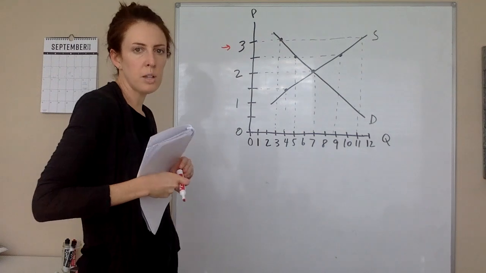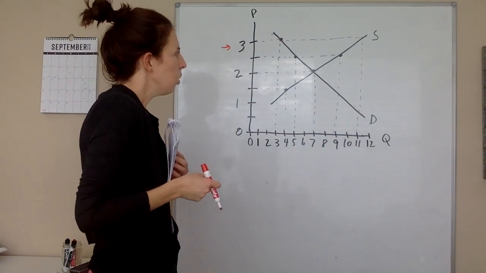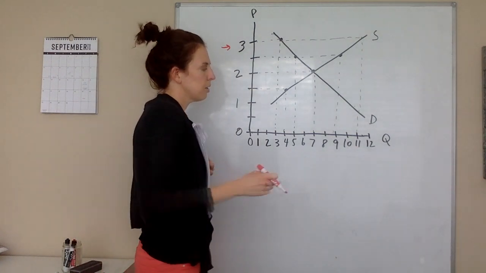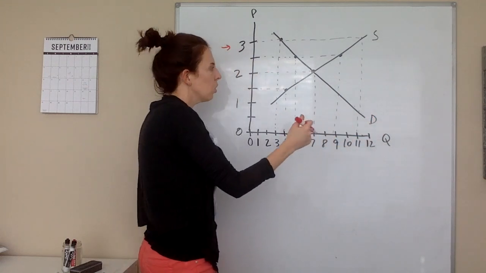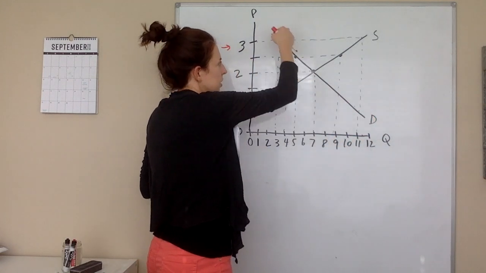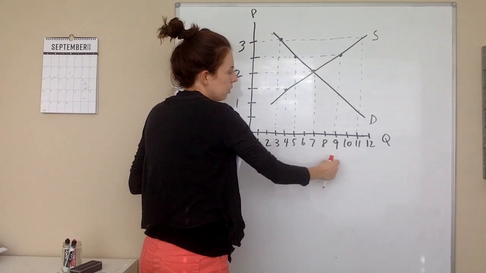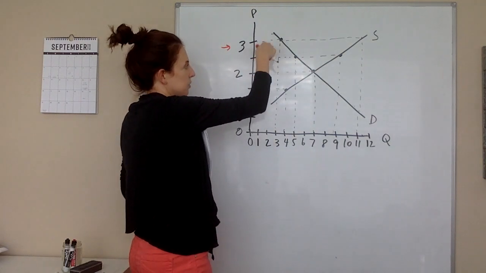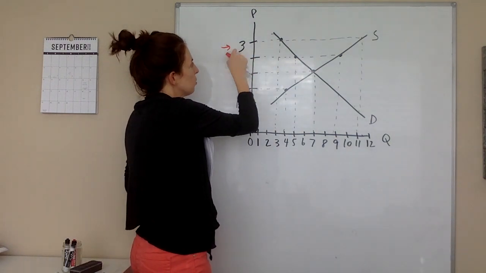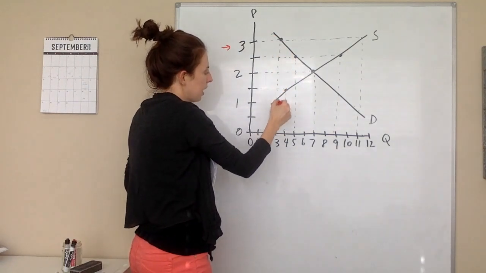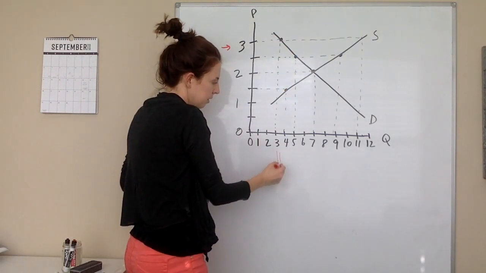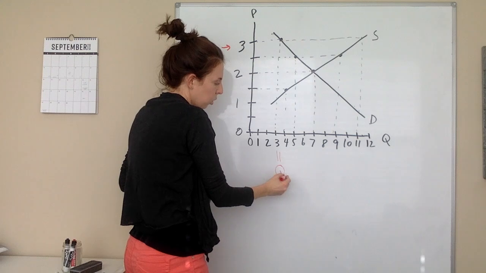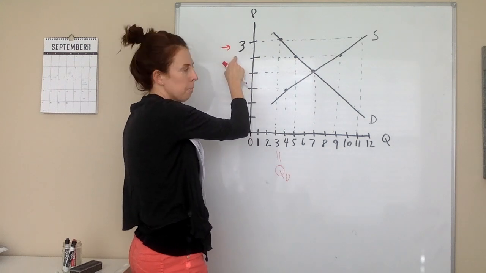What would happen if the price was $3? First, let's think of what the demanders would demand. If I'm a demander, this curve tells me the number of units I would demand at different prices. So if the price is $3, how many units do I demand? This would be the quantity demanded at a price of 3.